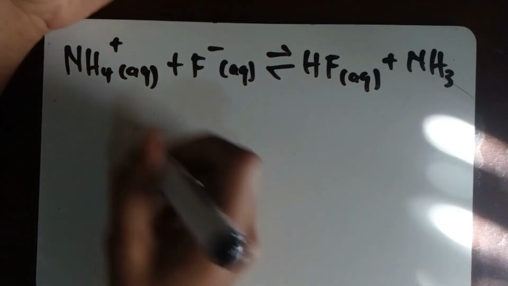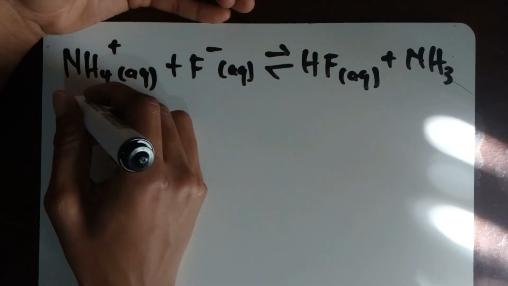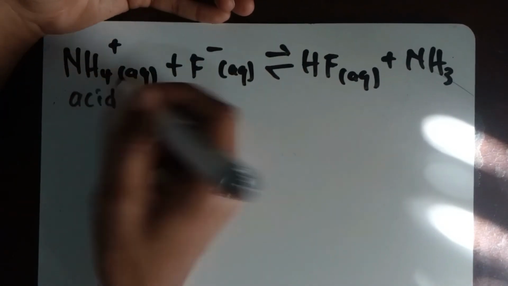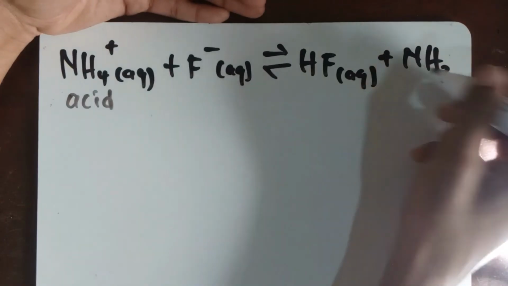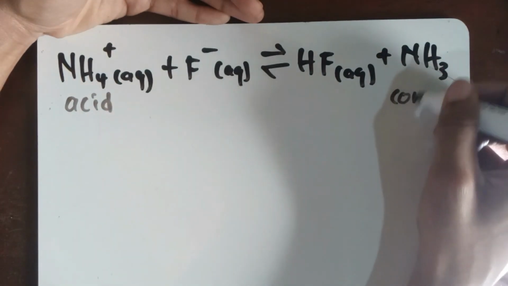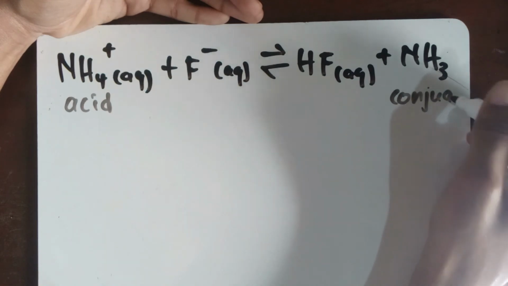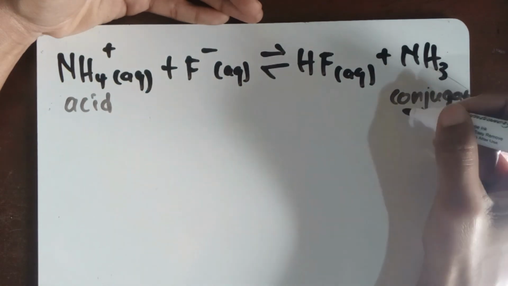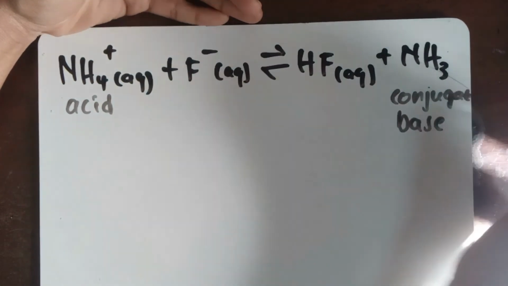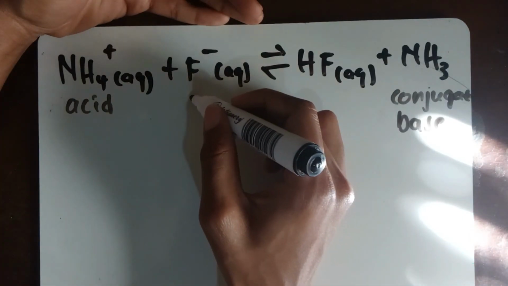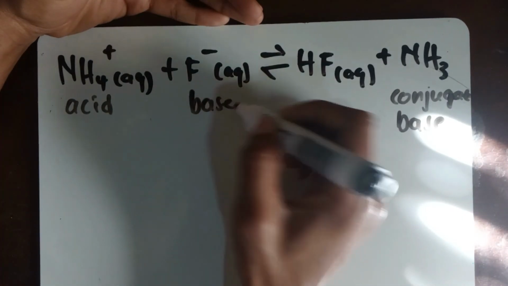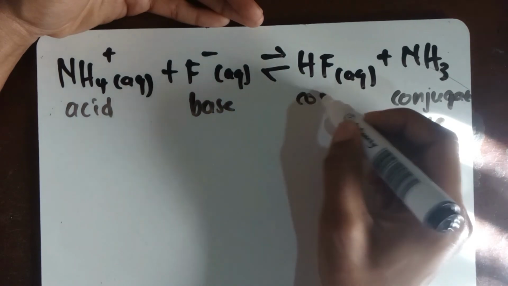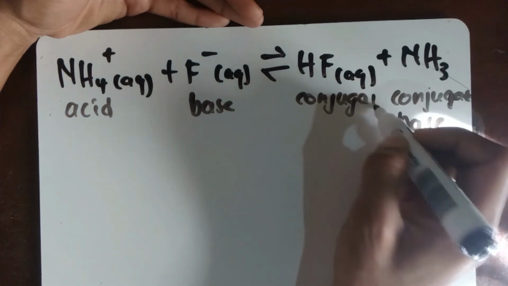So therefore, if NH4 plus is an acid, it means that NH3 is its conjugate base. And if F minus is a base, it means HF is its conjugate acid.